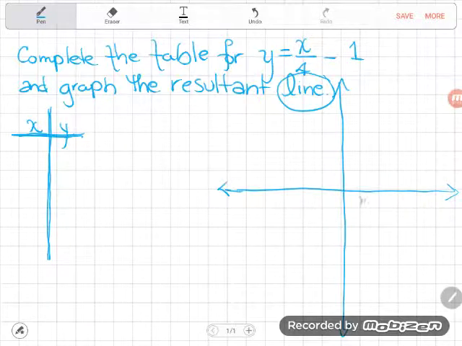Now, of course, my graph here is only so big. Like, let's see, on my x-axis, I've got up to 5 here, just the way I'm labeling it. And I've got down to -5. So I wouldn't pick x's that were a ton bigger than my graph. It doesn't have to be labeled by ones, by the way. I just chose to do it by ones. I could have had my graph done by twos.